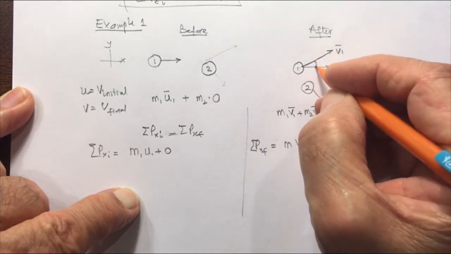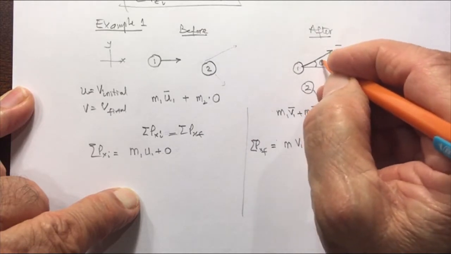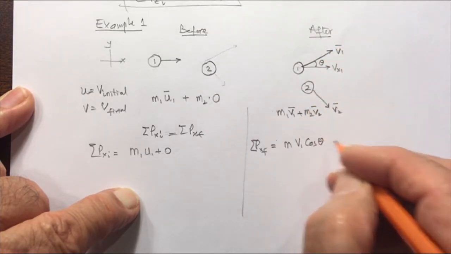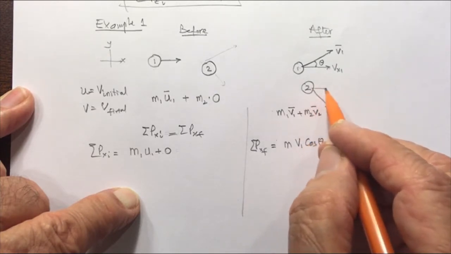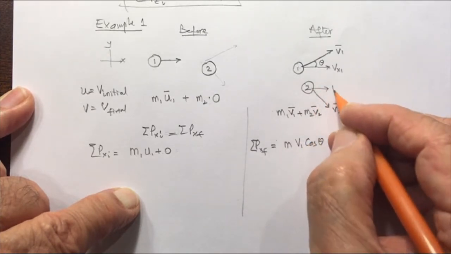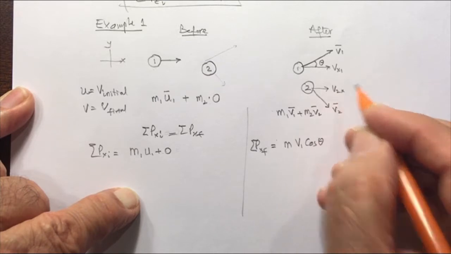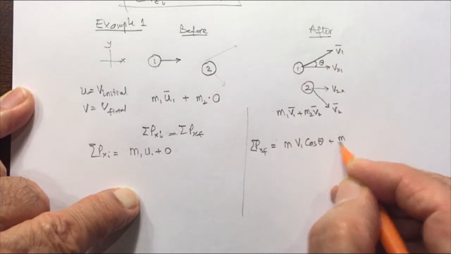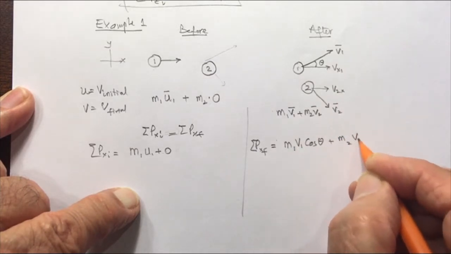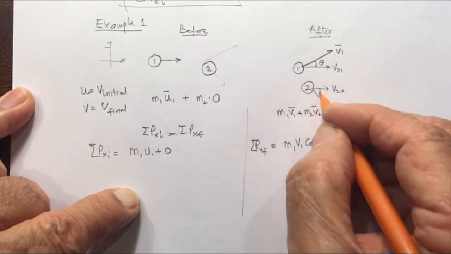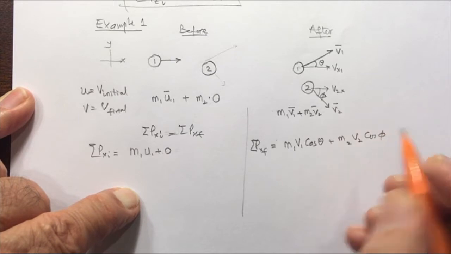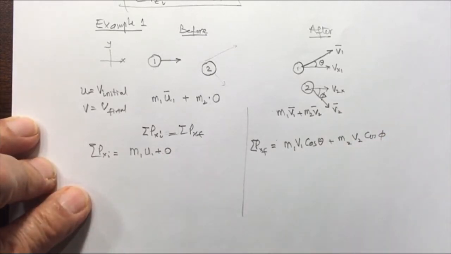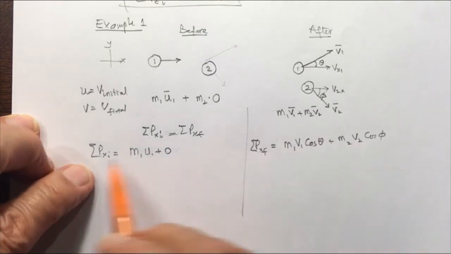So let's say that's theta, and the x component of this one is going to be m2 v2 cos phi, where this angle is phi. So we have an equation here, and this will be equal to this because these two are equal.